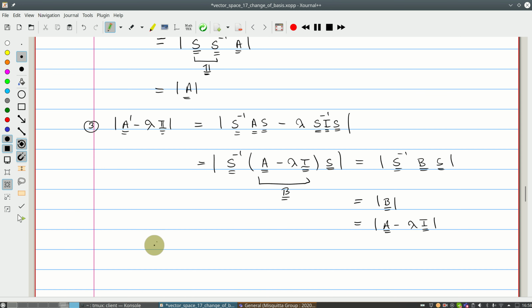Therefore, the eigenvalues of A and A prime are the same.